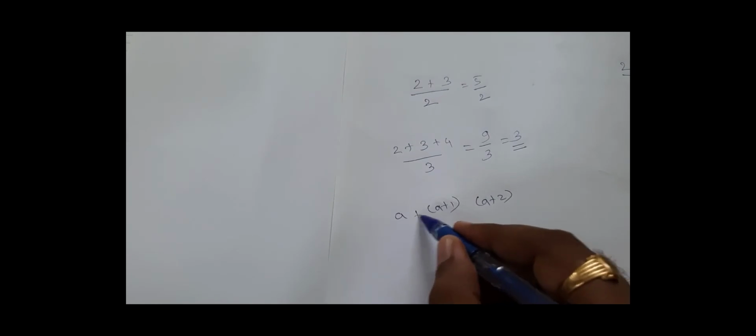There is another method, in case we don't want to take integers like 2, 3 and 4. Let's say the first integer is a. Then the second integer, because it is consecutive, will be a plus 1, and the third consecutive will be a plus 2. Now average is the addition divided by the total number of integers.